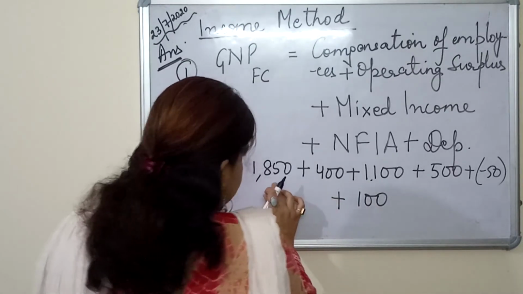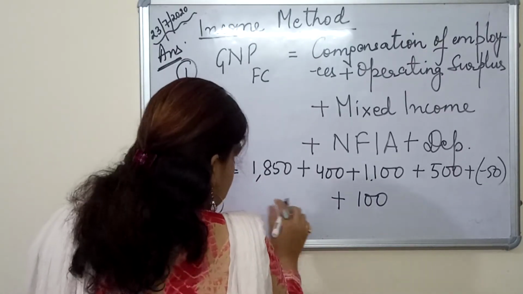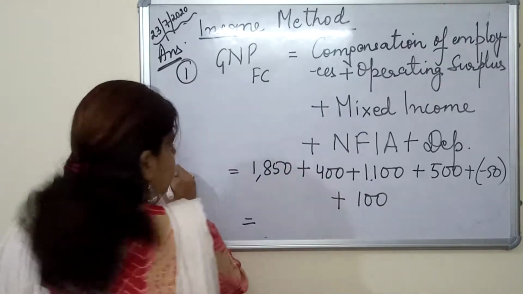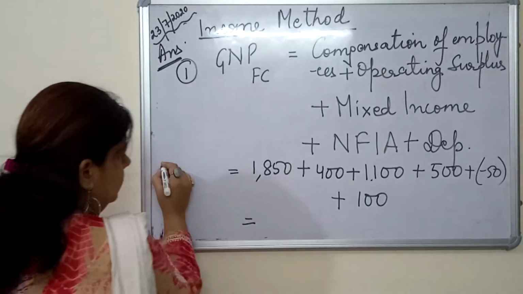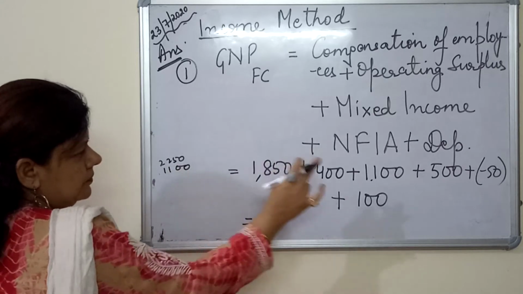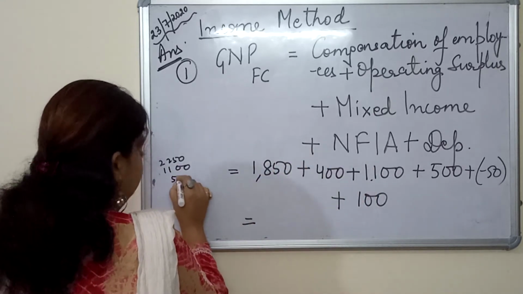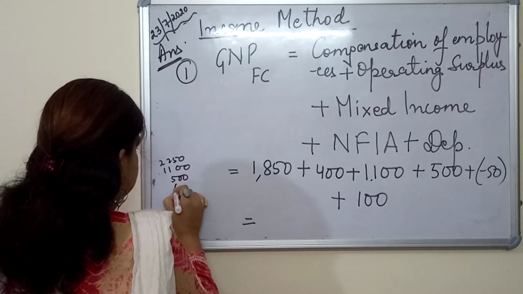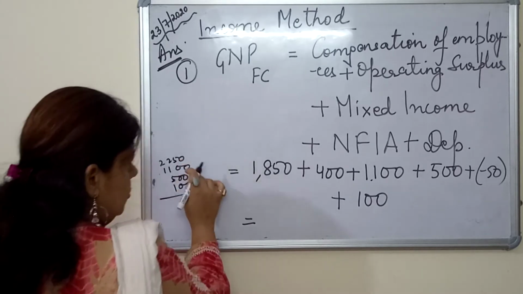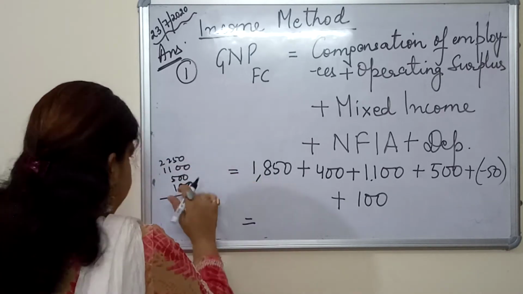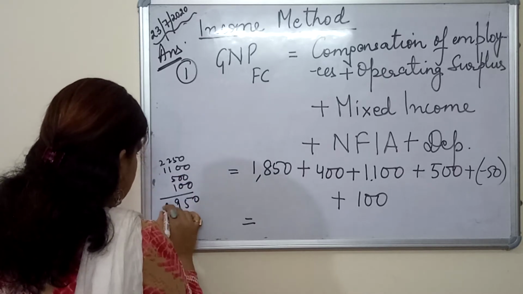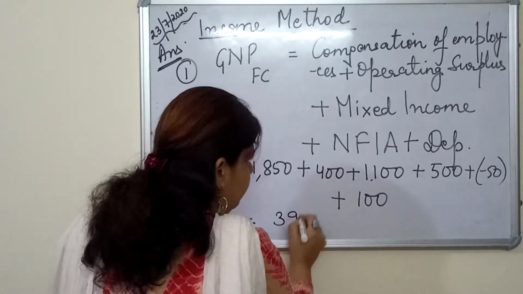This is 1850 plus 1100, 400 and 500 is 2250 plus 1100 plus 500 plus 100, so what you get is 3950.